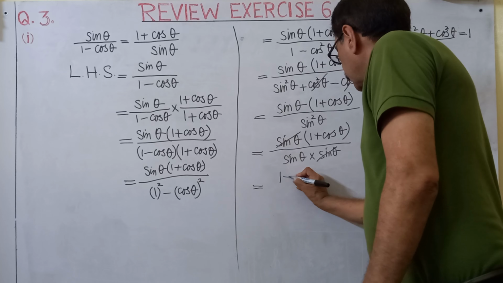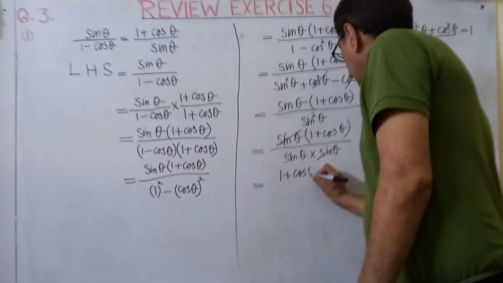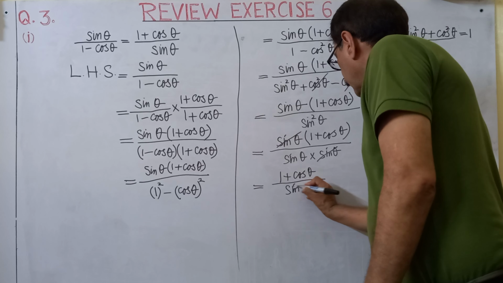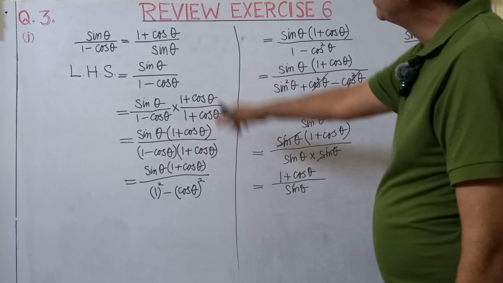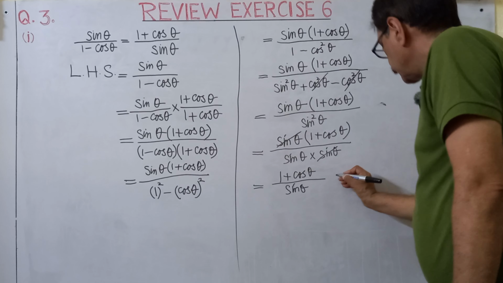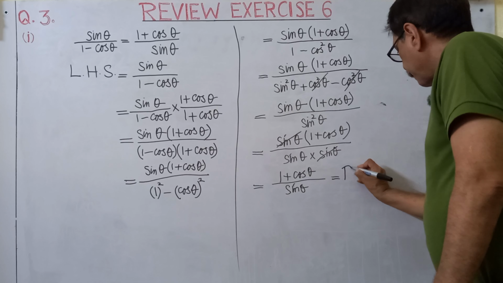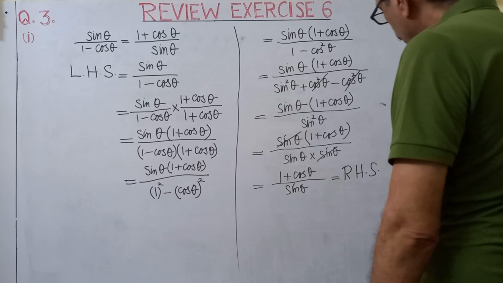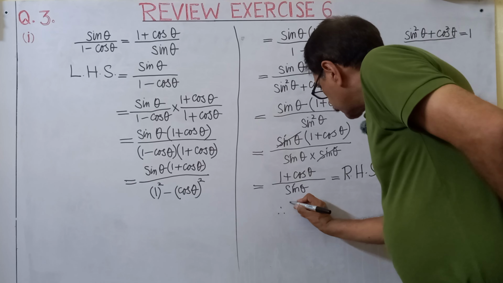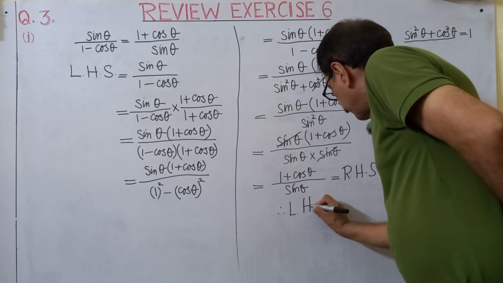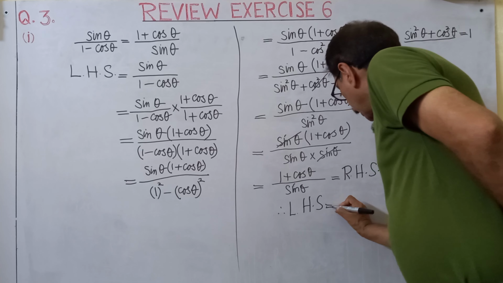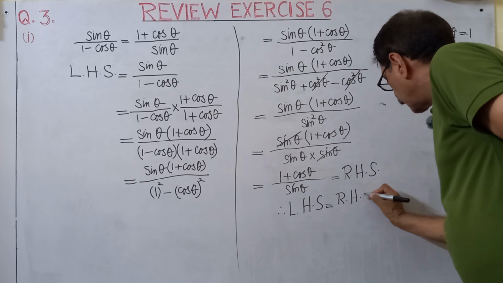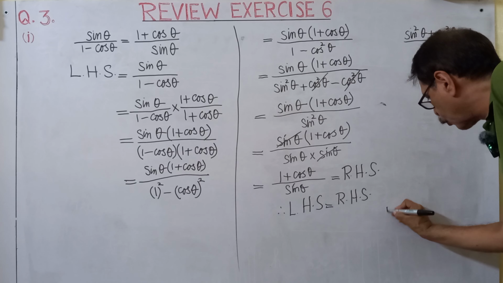In the numerator 1 plus cosine theta, in the denominator sine theta. This is right hand side. Therefore, LHS left hand side is equal to RHS right hand side. Hence proved.